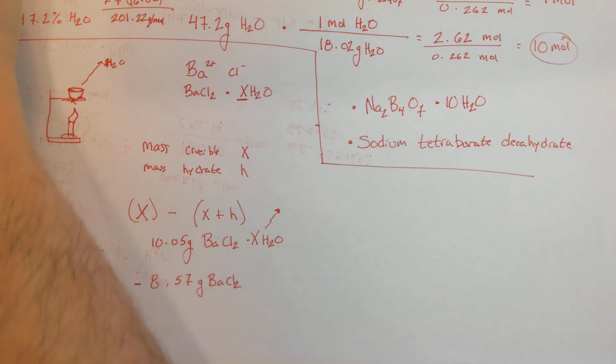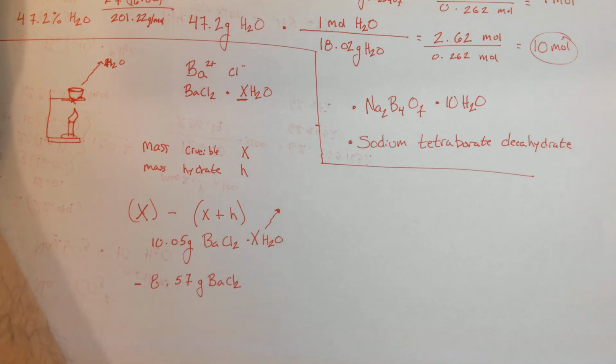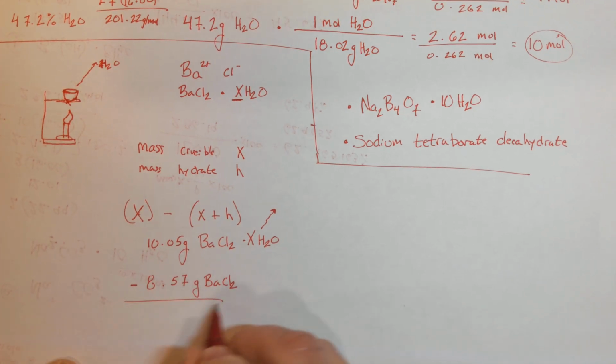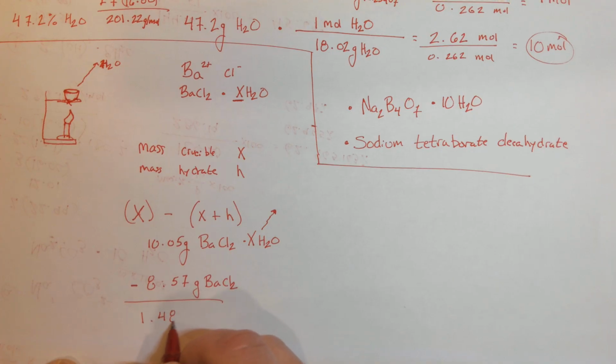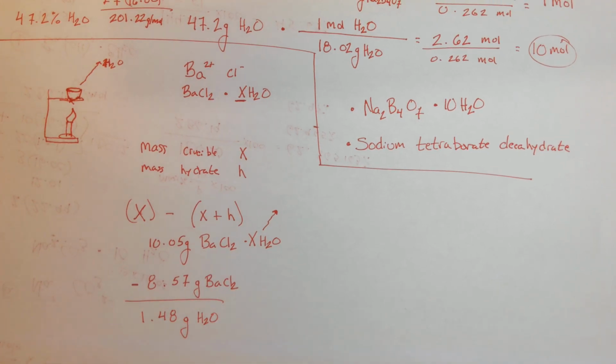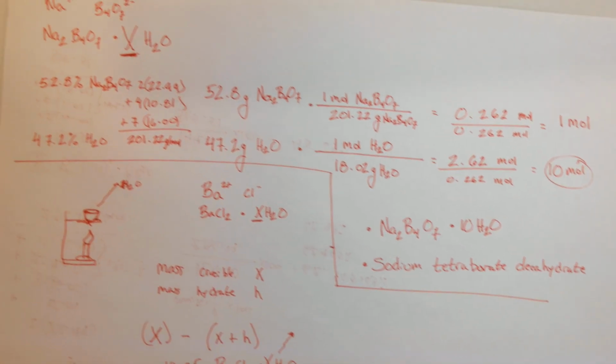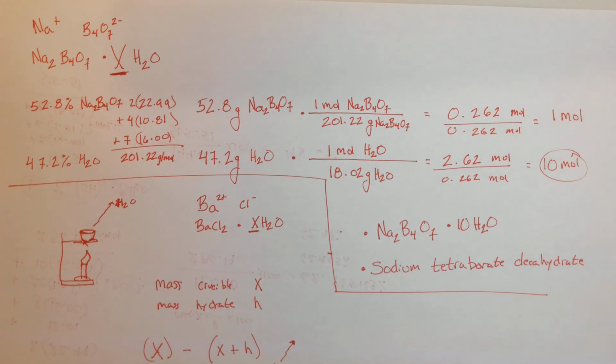So 10.05 minus 8.57 gives us 1.48 grams of water. Okay, now you should be able to determine the formula for the hydrate and name the hydrate the same way we did up here. I want you and your neighbor to go ahead and work on this now. 2 to 2.5 minutes. Ready, go.